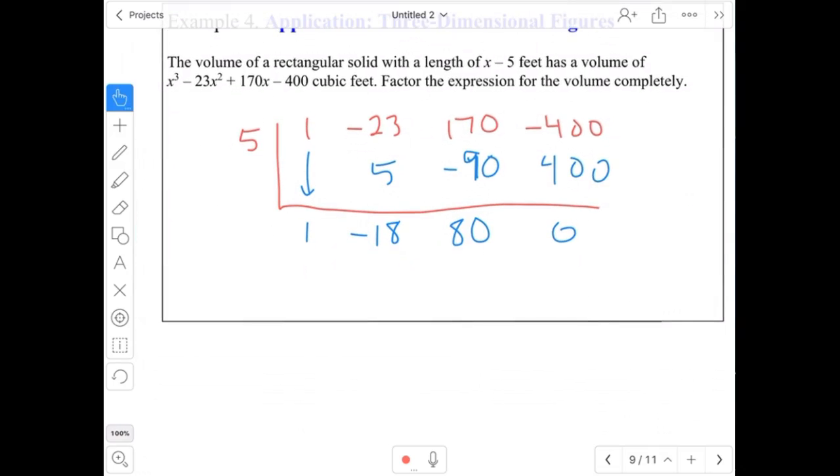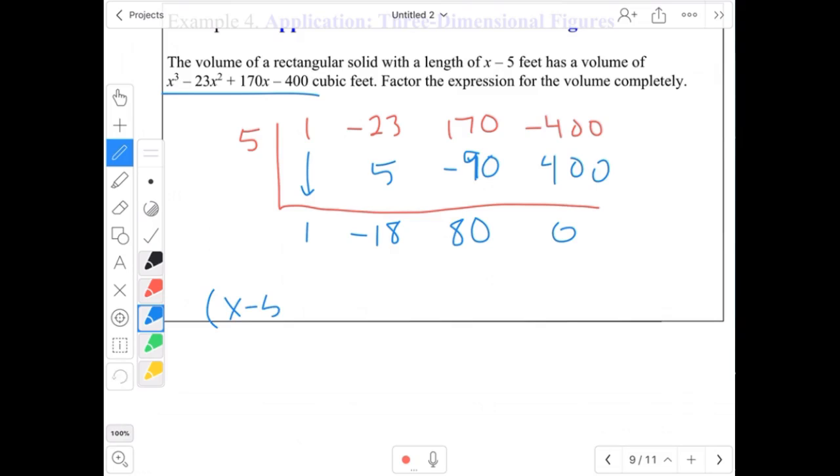From here, we know that x minus 5 was part of it. Our volume is this entire thing, so we didn't find out too much. All we have is a length. So that broken down, we would have x squared minus 18x plus 80. That would be our next piece to our puzzle.